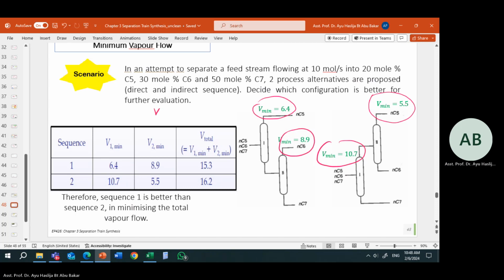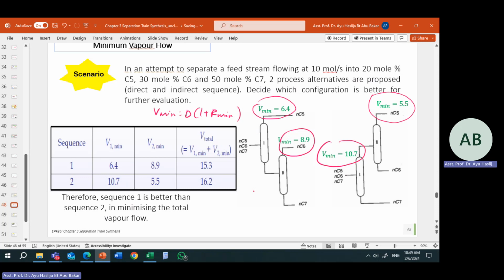I am explaining the flow only; this is not the continuing example. From the R min, you get the V min for each distillate stream. Then total up the V min for each sequence.